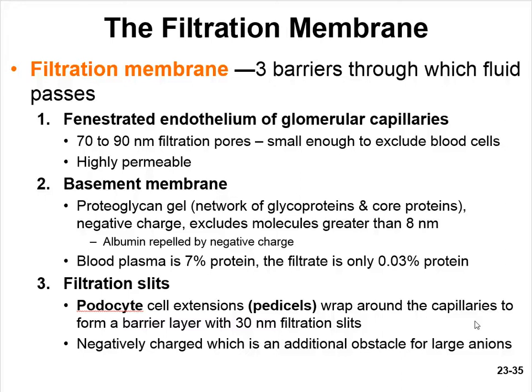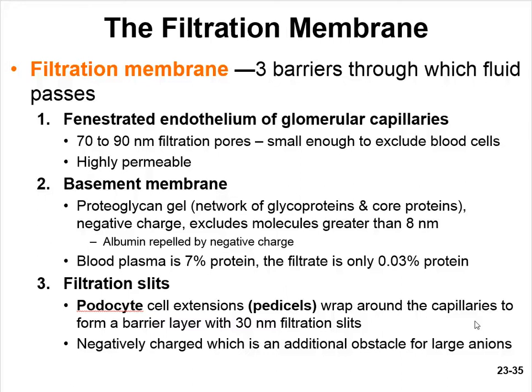Proteoglycan is kind of a network of glycoproteins hooked onto some core proteins. And then all of that has a negative charge, which helps to repel molecules greater than the 8 nanometers. Albumin, the protein, is also repelled by that negative charge. So that stays in the blood.